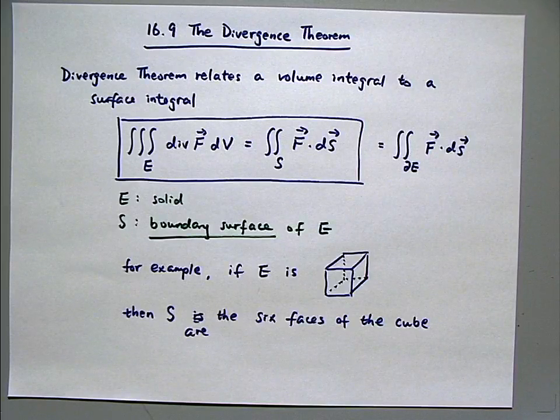So think about it this way. If the vector field is representing a fluid flow, think of water or air flowing through some space, then we know from earlier that the divergence of the vector field measures the tendency of that fluid to either move toward a point or move away from a point.